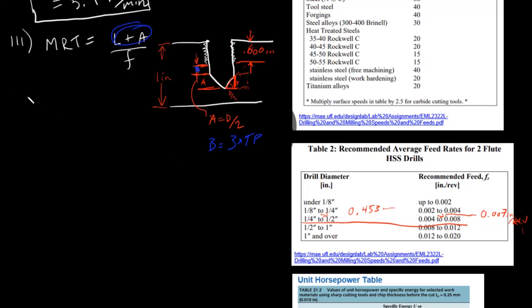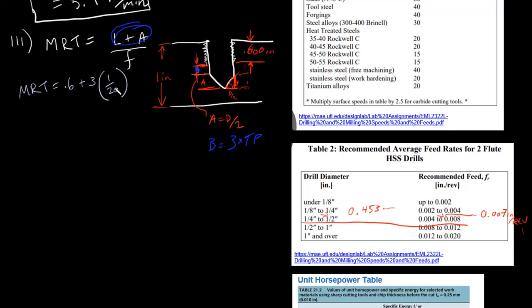Okay, so MRT is going to equal the length, which is definitely 0.6 because we need a 0.6 inch threaded hole, plus 3 times 1 over 20.